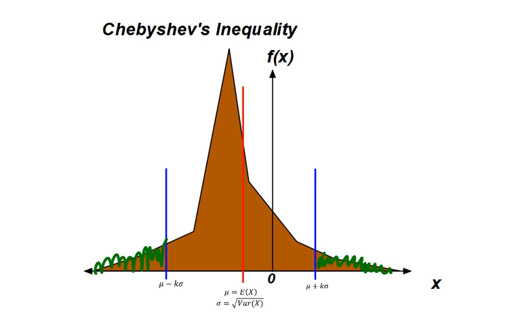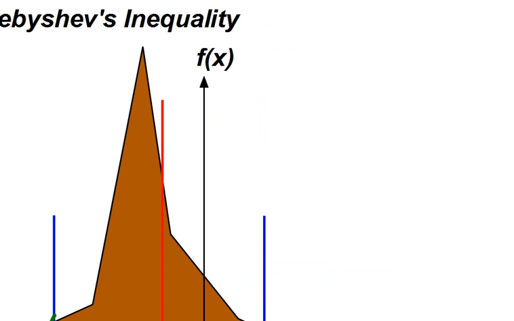Okay, so in this case, what we're going to do is define a new random variable called Y that is equal to (x minus mu) squared.